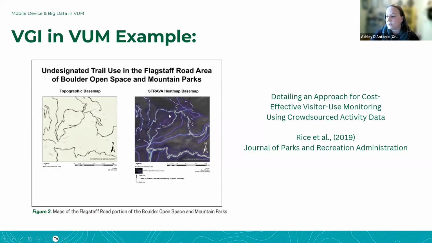We can see use on the designated trails here and here, but we also see quite a bit of use on these two trails, which are informal or social trails. This can help you monitor a little bit of off-trail use, maybe get on top of where informal trail development might be happening, and get a sense of those use patterns in a way that's, again, very low cost.